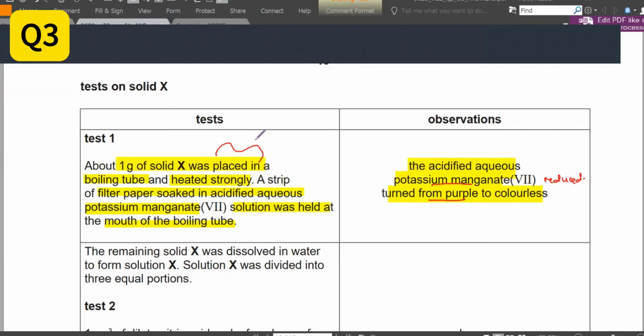What happened here is that SO2 gas was produced. For this test, essentially we test for the presence of SO3 or SO4. One of these could be present. So this is the first result.